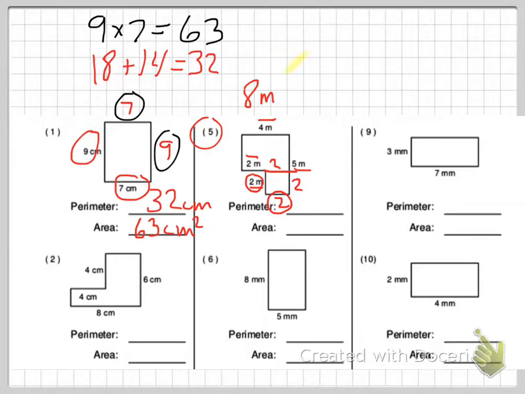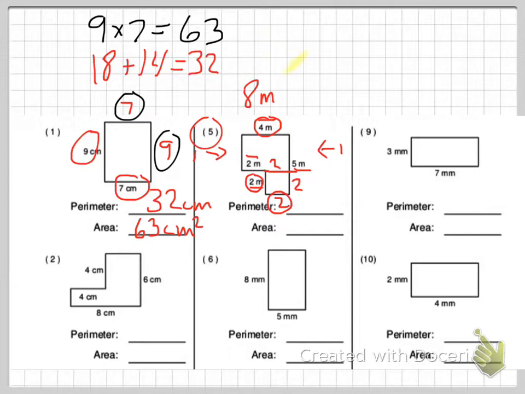Now I'm going to go ahead and find the perimeter of my other rectangle, okay. I know I have 4 over here, so there's one side. Now I have to ask myself the question of what size is this over here, and this one over here, okay?